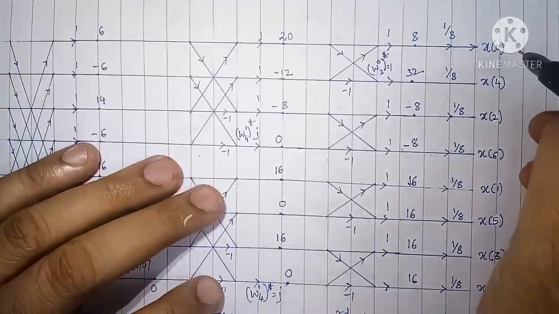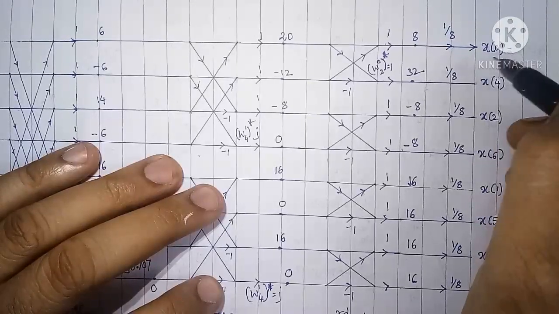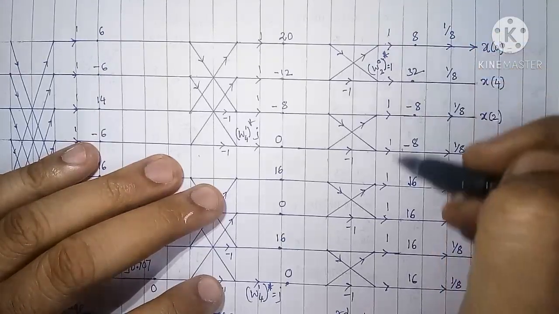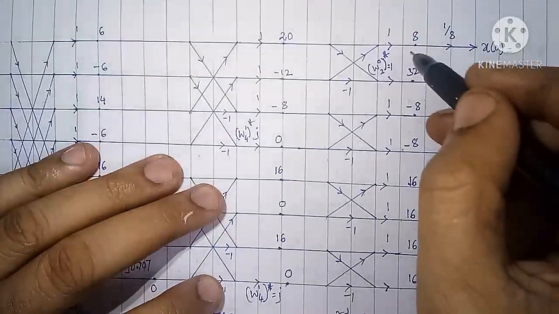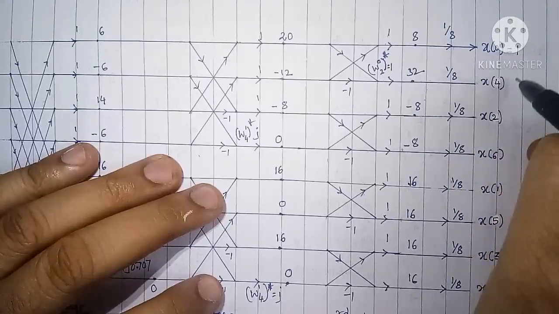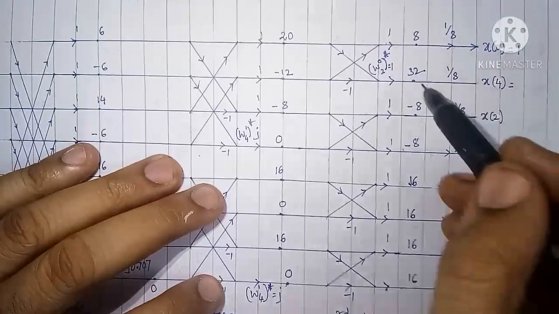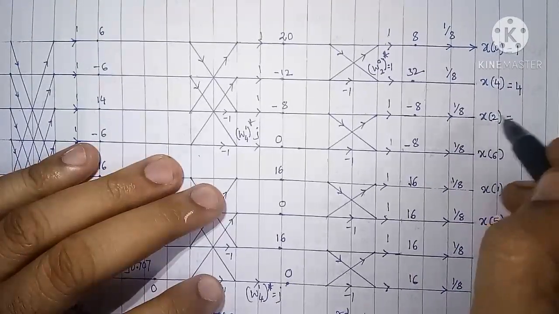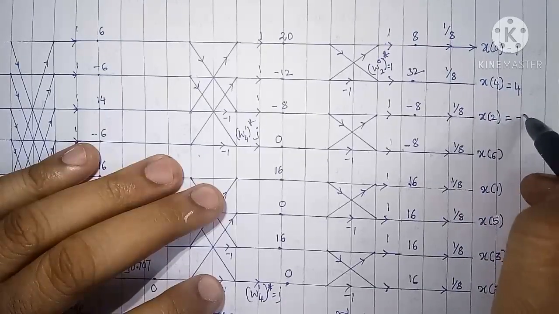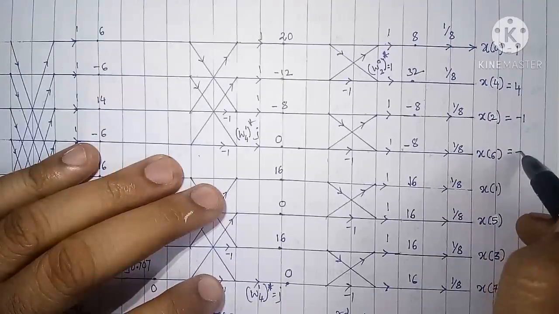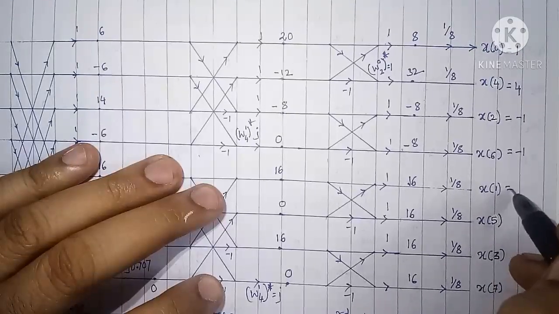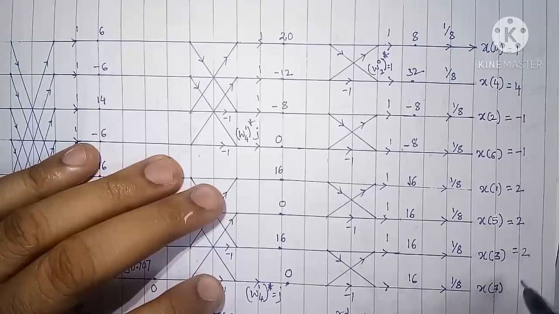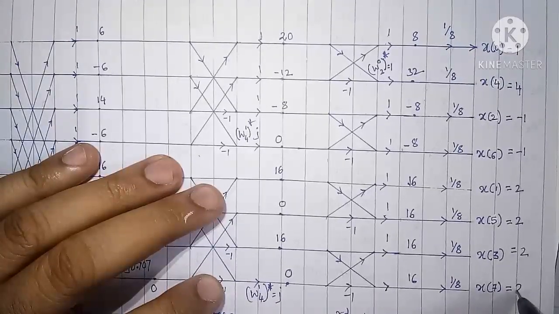I will write these x of n values after dividing the obtained third stage outputs by 8. 8 by 8 is 1. 32 by 8 is 4. Minus 8 by 8 is minus 1. Minus 8 by 8 is minus 1. 16 by 8 is 2, 16 by 8 is 2, 16 by 8 is 2, and 16 by 8 is 2.